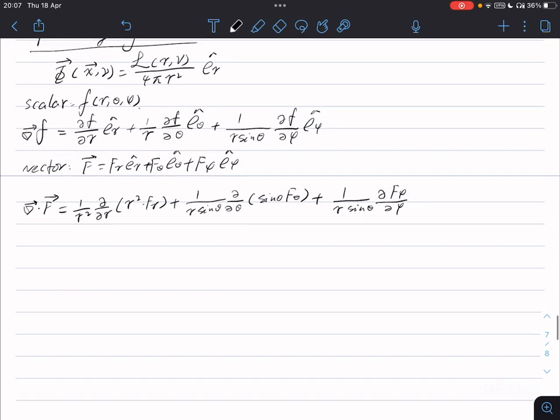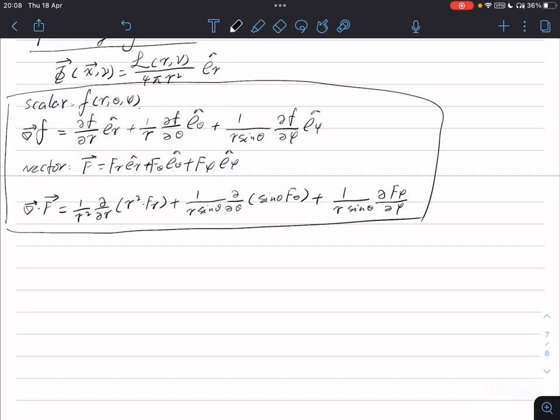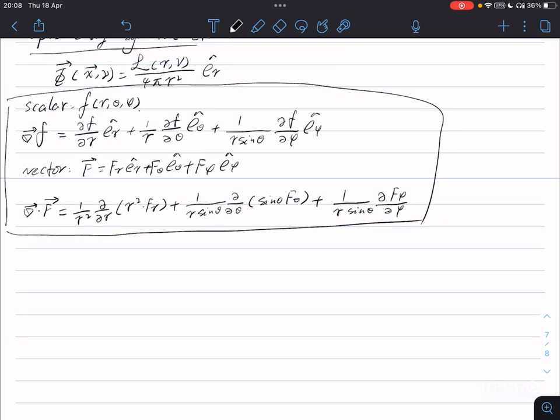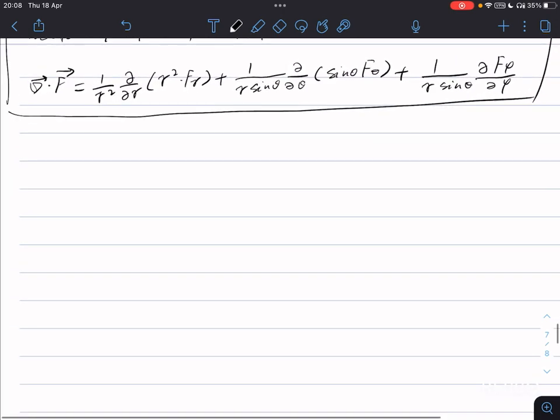Using this gradient and divergence formula in spherical coordinates, we can transform the significant equations we have obtained before.